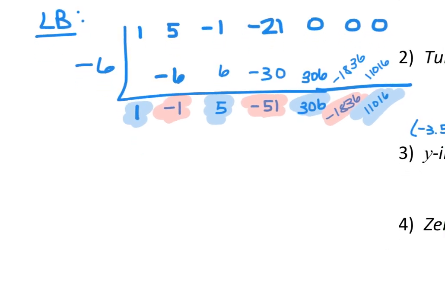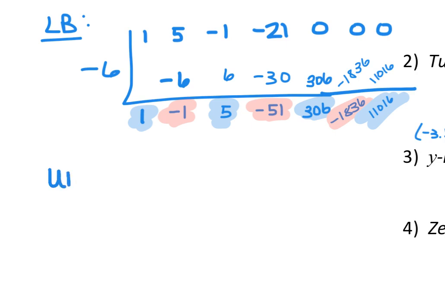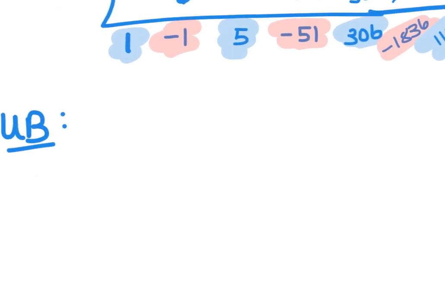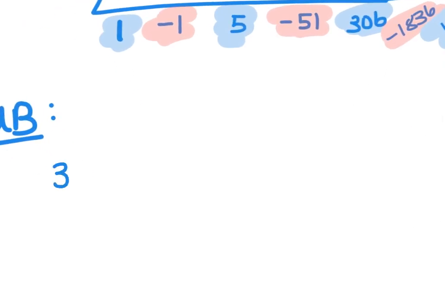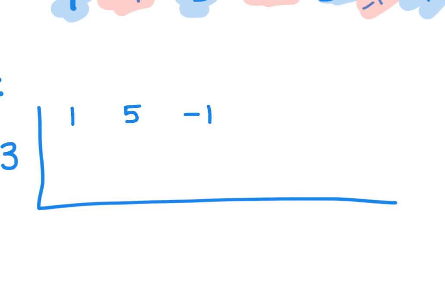The numbers are also pretty big. So for the upper bound, this time I'm dividing by +3. Going to try to squeeze this in a little bit better here. 1, 5, -1, -21, 0, 0, 0.